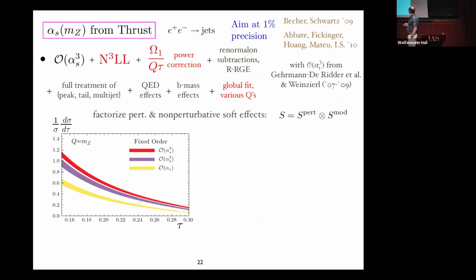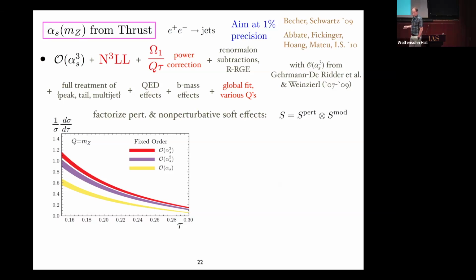And people have used this, including our group, to do resummation calculations and fit for alpha_s. So this is using fixed order results from Gehrmann and Weinzierl, doing resummation at N3LL order, including power corrections, which here are described by one single non-perturbative parameter.